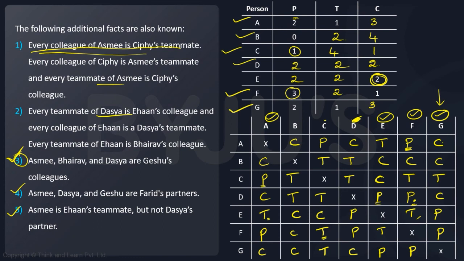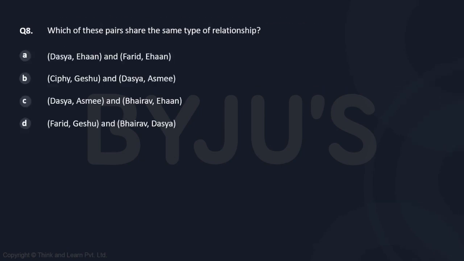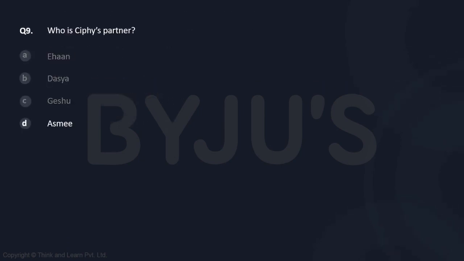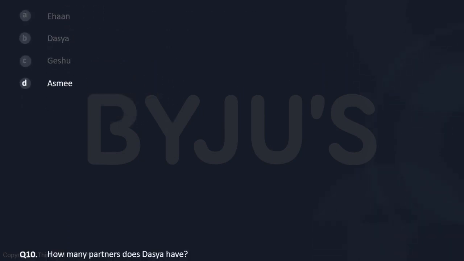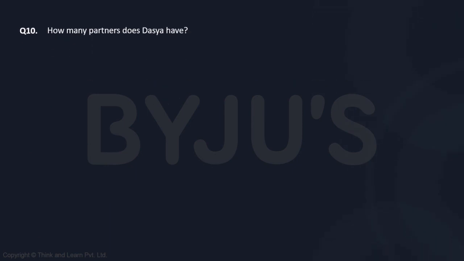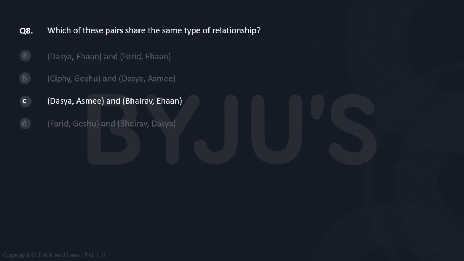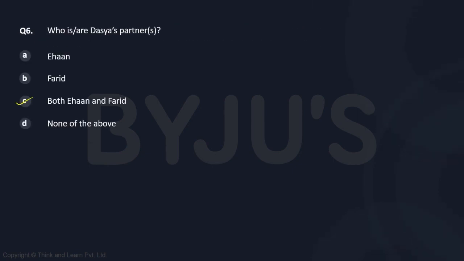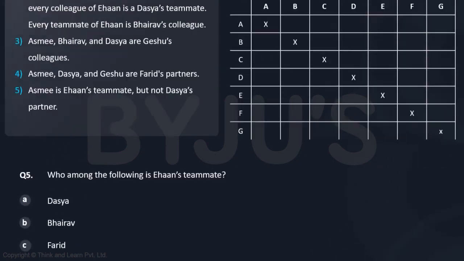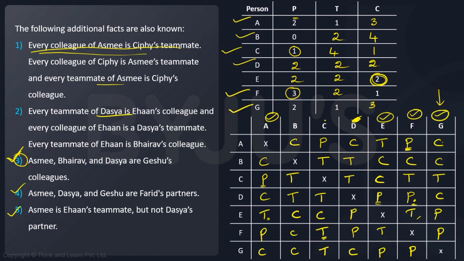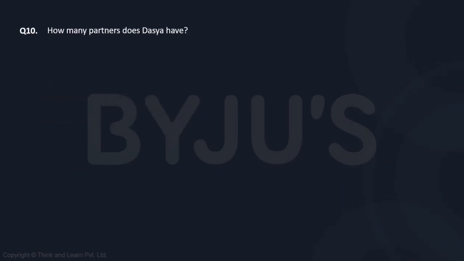C's partner is A, only A. Option D. Then how many partners does Dasya have? I think we already made a note of that at the beginning itself. Dasya has a total of 2 partners, right? So that's your answer.